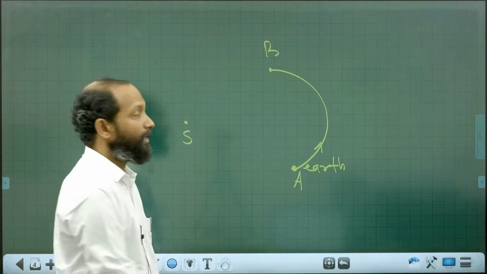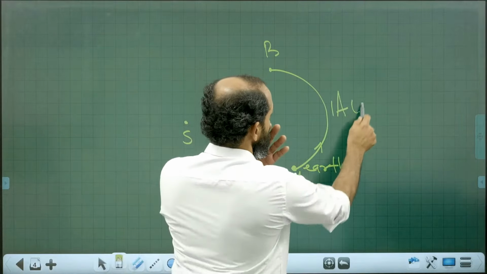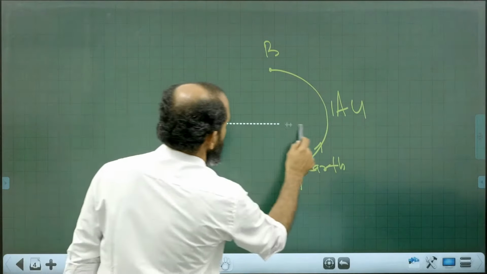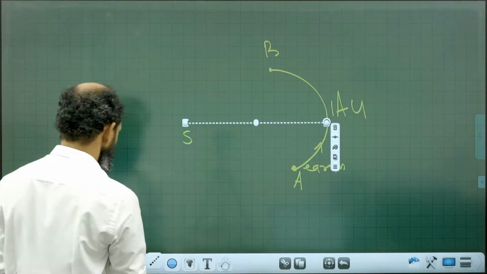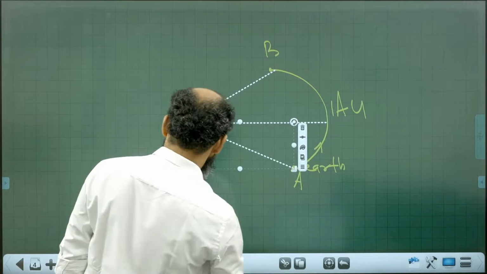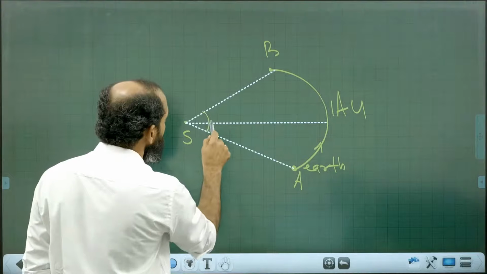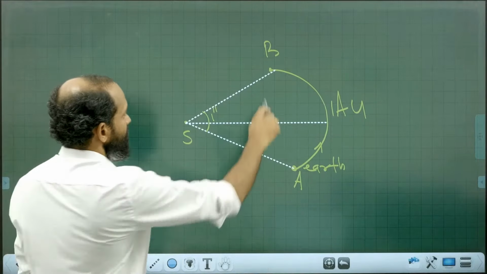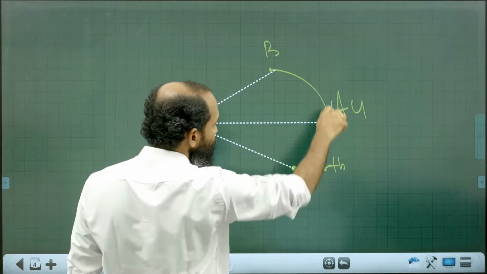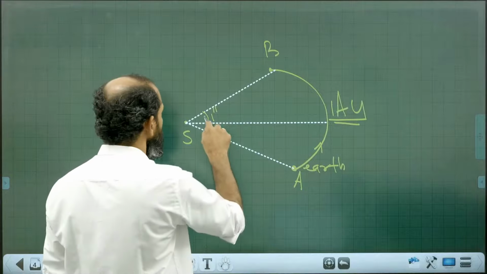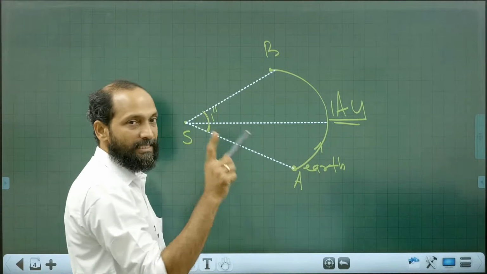That is called 1 astronomical unit. If this distance is 1 astronomical unit, then this angle is 1 second. Two conditions: this distance should be 1 astronomical unit, the mean distance between Earth and sun, and this angle should be 1 second of arc.